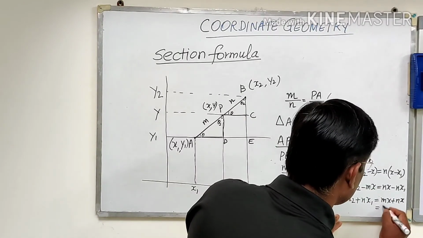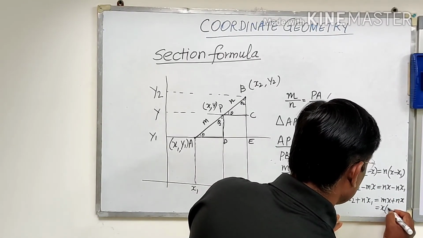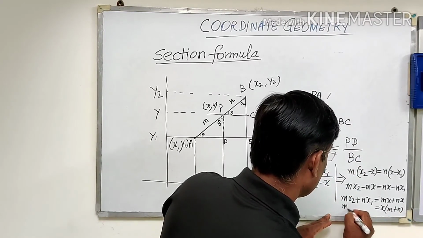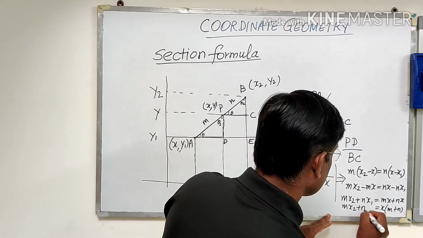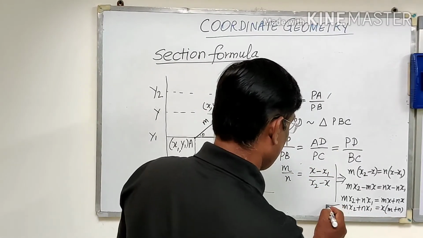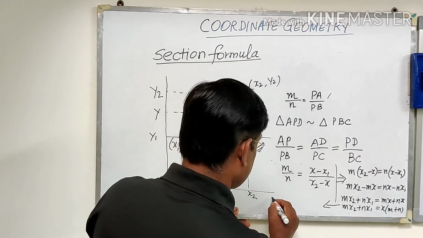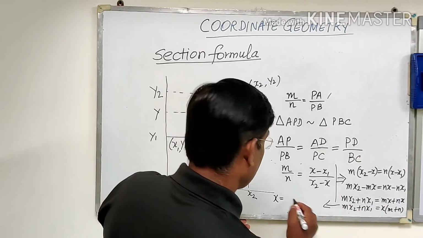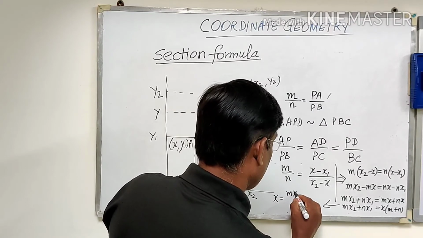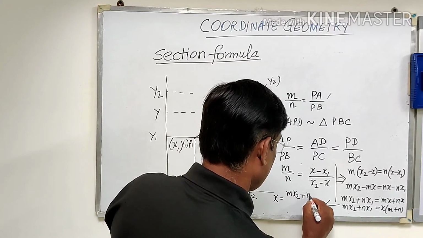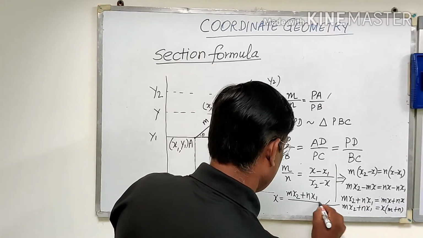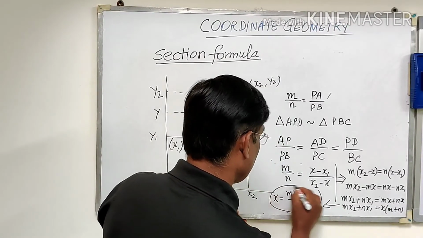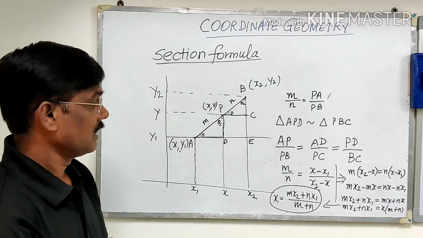Now you take x outside, you will get m plus n, which is equal to m x2 plus n x1. Now the coordinate of x, we have to find. x is equal to m x2 plus n x1 divided by m plus n. This is the coordinate of x.